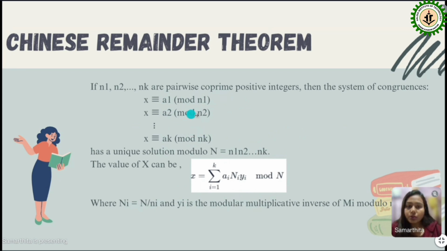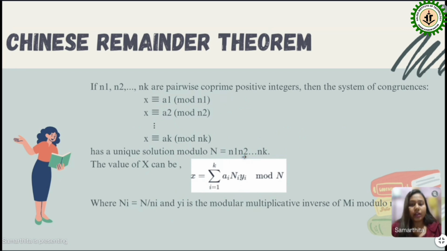This is shown below. These are the equations, with one fixed variable, x. The CRT states that the above equations have a unique solution modulo the product, if the moduli are relatively prime. Okay, and this is the mathematical representation.